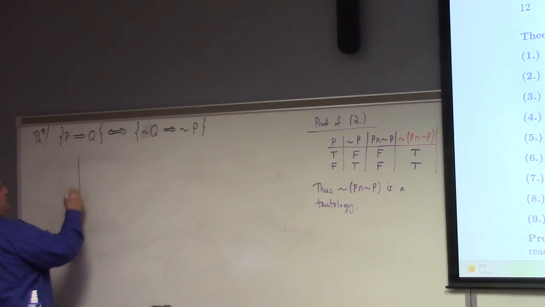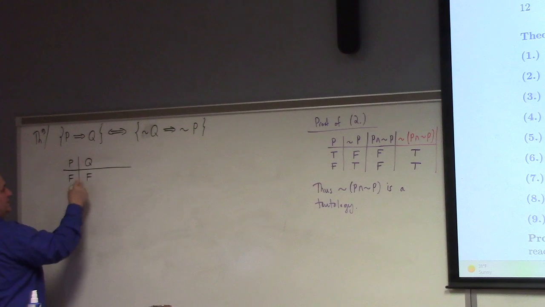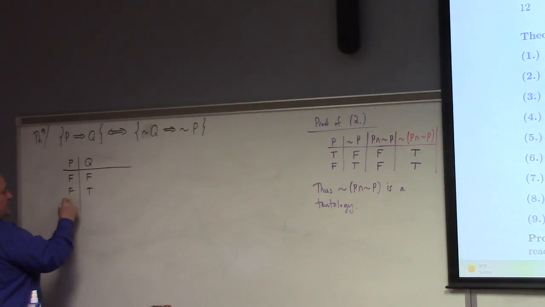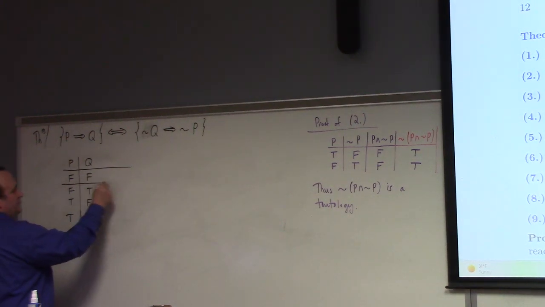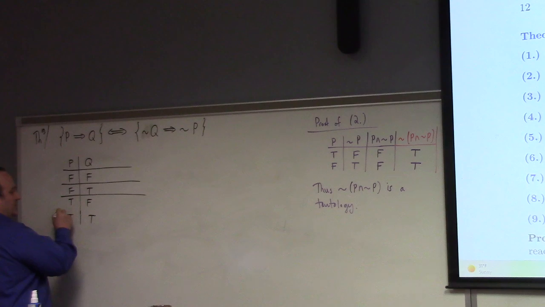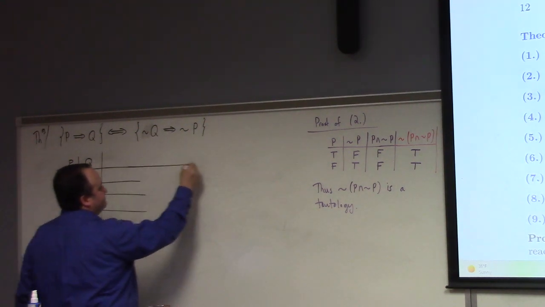Okay, so let's look at a truth table and see what else we can learn. So we've got false, false, false, true, true, false, true, true. And let's prove a few things. I'm going to be greedy. We're going to do more than one thing at a time.